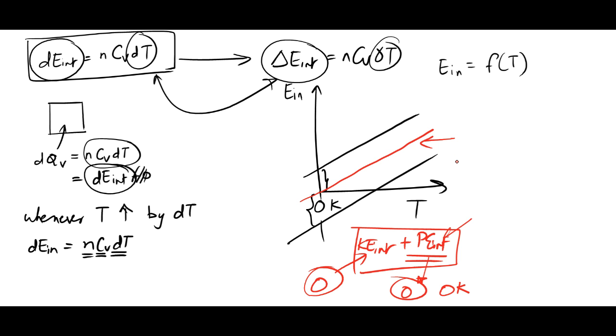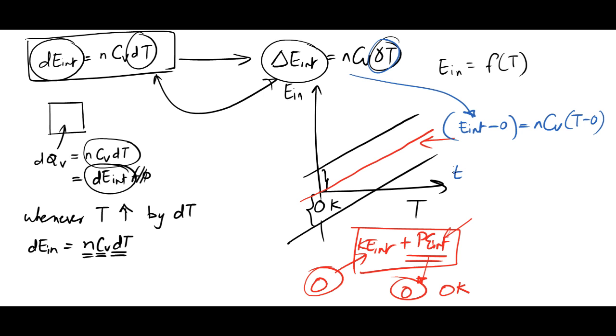Okay, now what this means, if you look at this equation carefully, supposing that delta E internal you measure with respect to the origin, and delta T also you measure with respect to T equal to 0 Kelvin. So it's going to be E internal minus 0, the left hand side, is equal to n Cv times capital T minus 0.